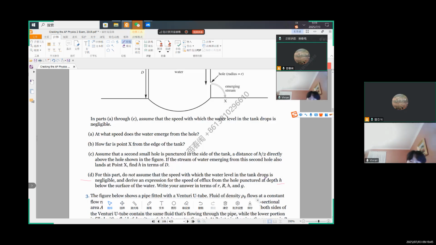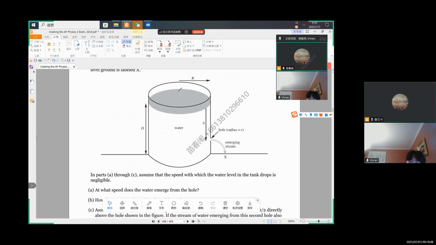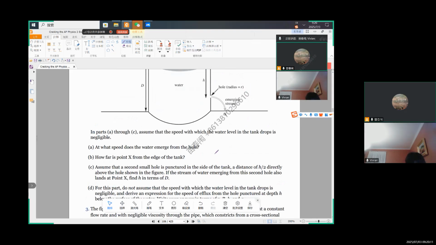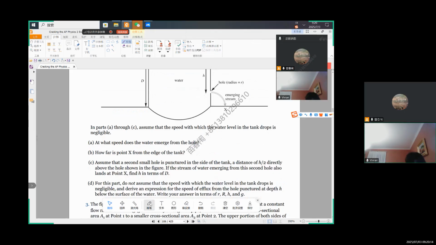Last time we assumed V1 is 0, so that's why we used that square root of GH thing. It gets complicated, so I guess we only have that big equation. It doesn't seem that there's a way to simplify it, so I'm going to write the big one anyway.